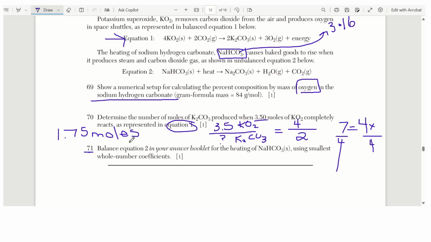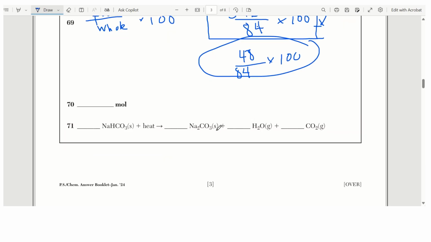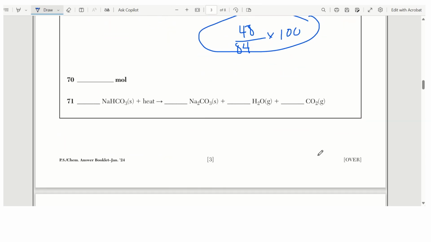Okay, now 71 is balance an equation. So here's my equation, which looks complicated, right? So let's just make a list of elements. We have Na, H, C, and O. There's my divider, right? So over here I have 1, 1, 1, 3.